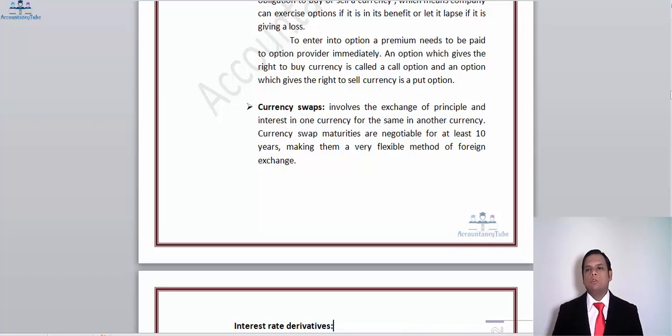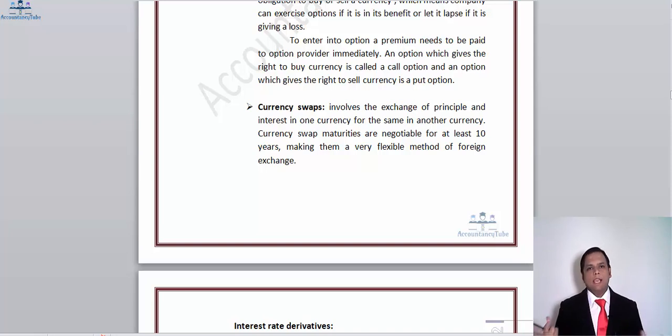What the companies actually do, if they believe that they need to pay in dollars because the contract which they have obtained by using that fund is in dollars, it would be better if it was a US dollar loan, and the company that has taken the US dollar loan believes that it would be better to have obtained a UK pound loan.